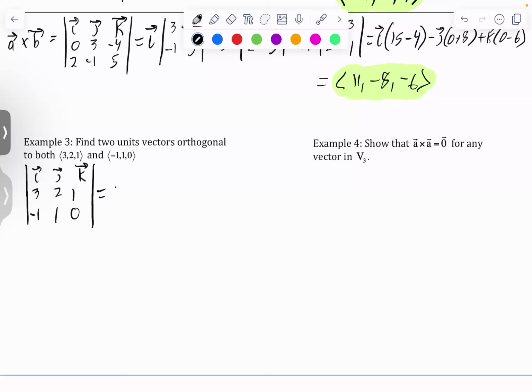So this is going to be vector i. Once again, or here. 2, 1, 1, 0, minus vector j.